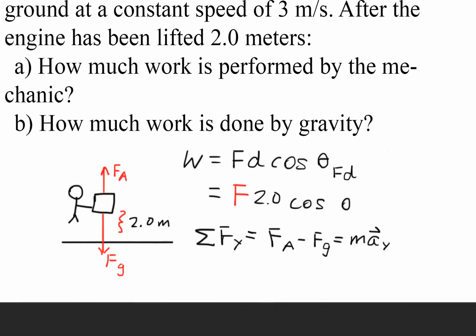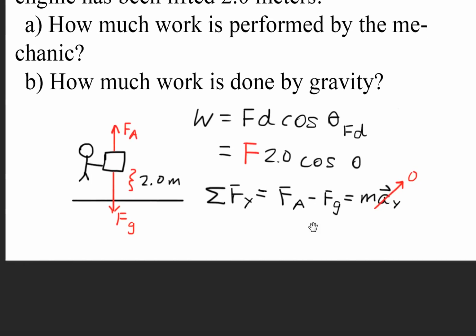Now we can go over to this portion of our equation. And this all becomes 0 because the acceleration is 0. It doesn't matter what the mass is. This part right here just becomes 0.